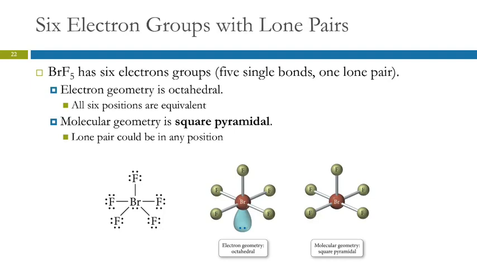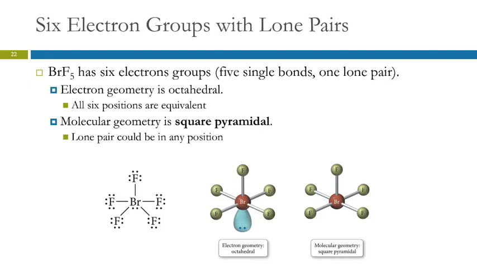Bromine pentafluoride has 6 electron groups, 5 bonds, and 1 lone pair. So that's this guy right here. You see there's 6 groups. So 6 groups makes an octahedral shape. And then one of those positions is a lone pair. In an octahedron, all the positions are equivalent. All the angles are 90 degrees.